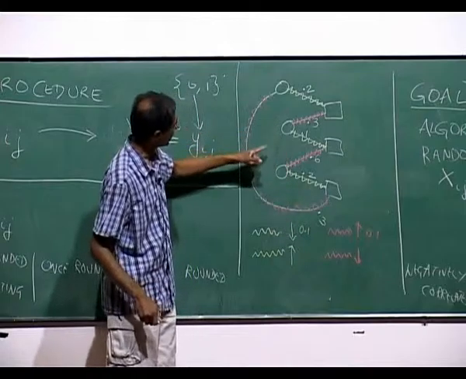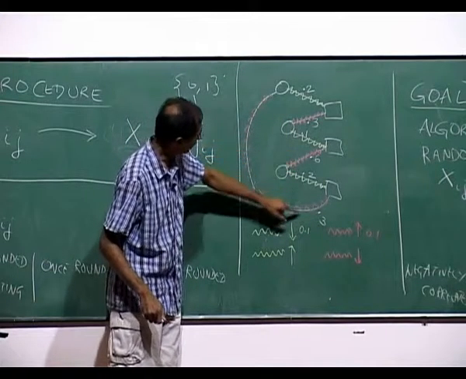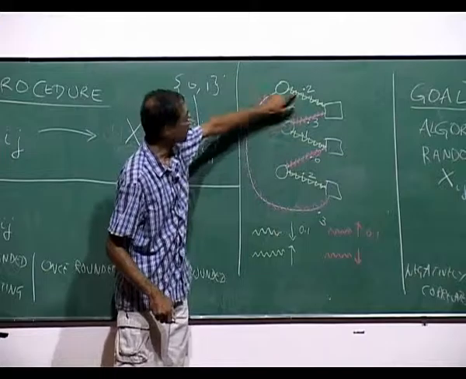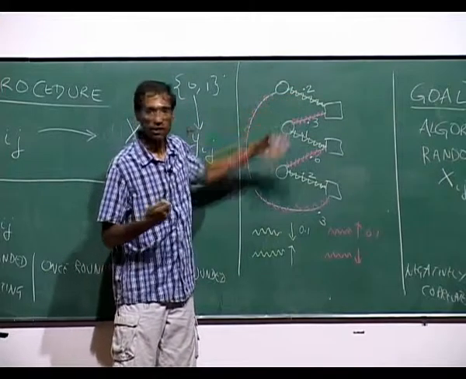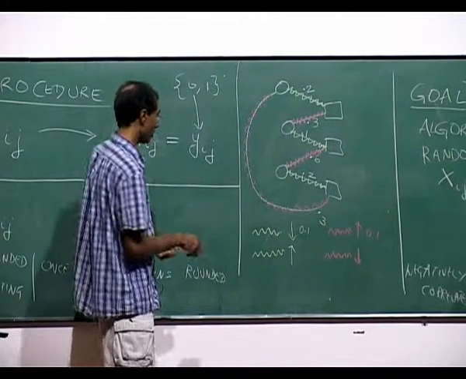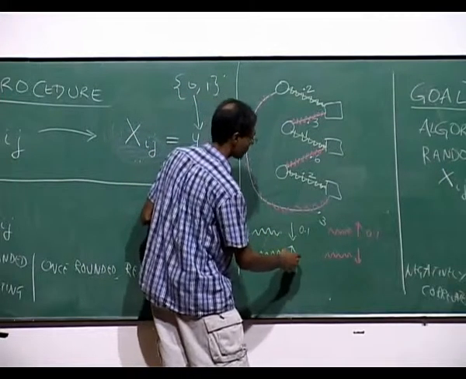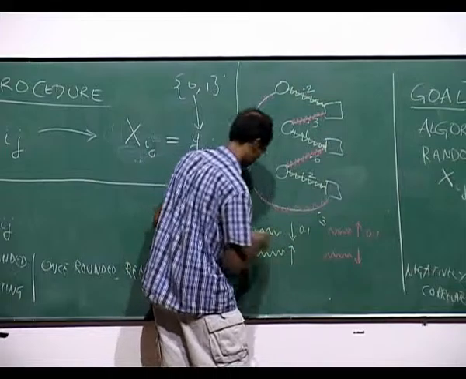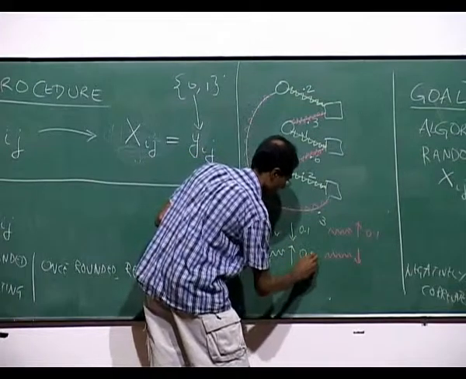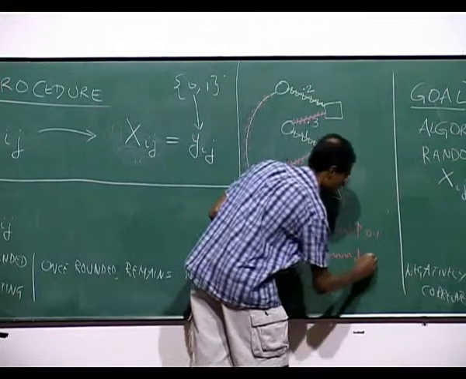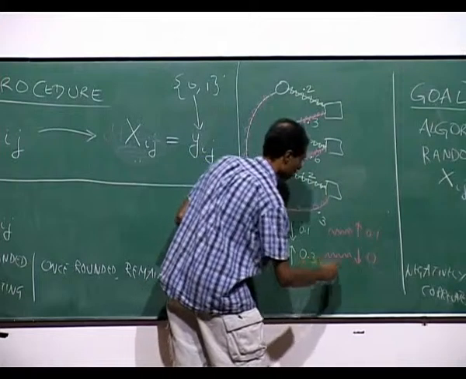The other option is I could have increased this by 0.4, but I cannot really decrease these by 0.4. I don't have that much. So the only other choice is I increase this by 0.3, and decrease by 0.3.